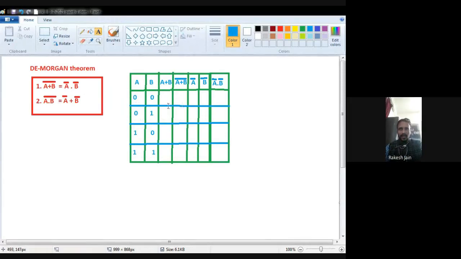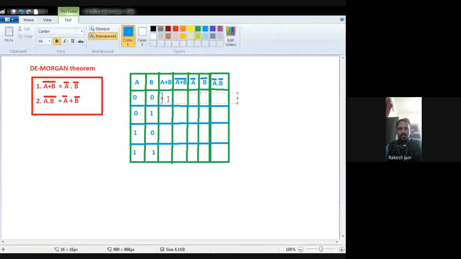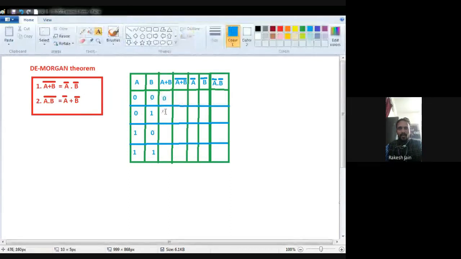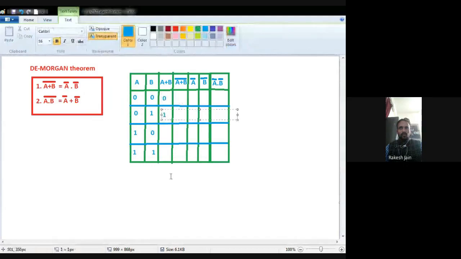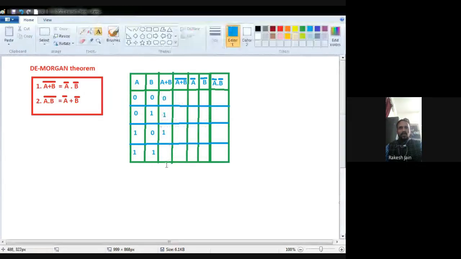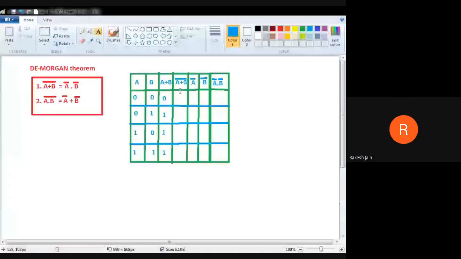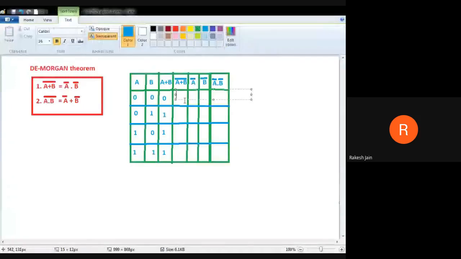Now what is A plus B? The meaning of plus is that we have to perform the OR operation between A and B. OR means if any input is 1, output will be 1. So A is 0, B is 0, no 1 is there, so output will be 0. A is 0 but B is 1, because we find a 1, that's why 1. A is 1, B is 0, that's why 1. A and B both 1 1, it means 1 only.